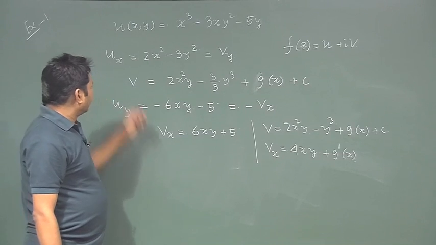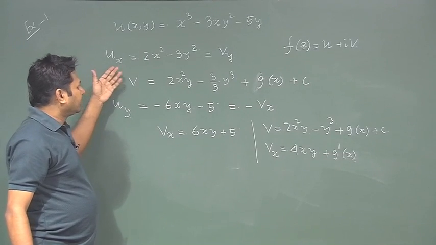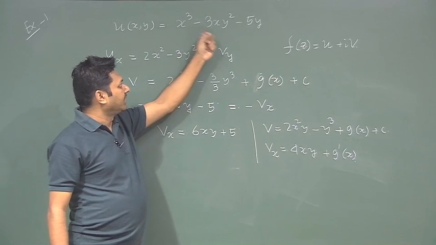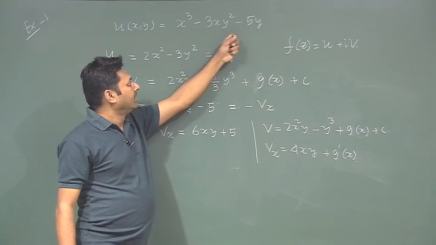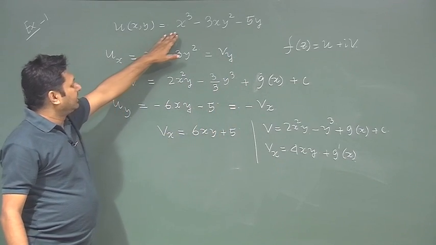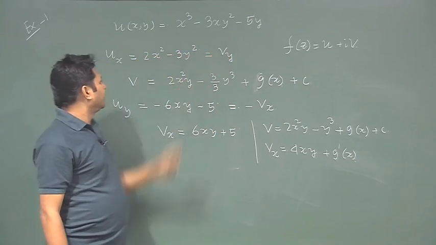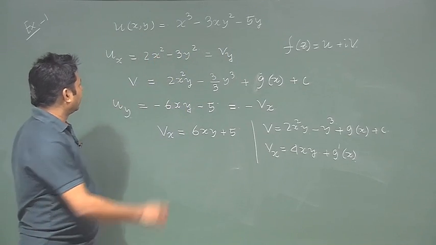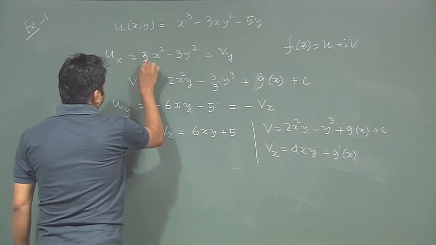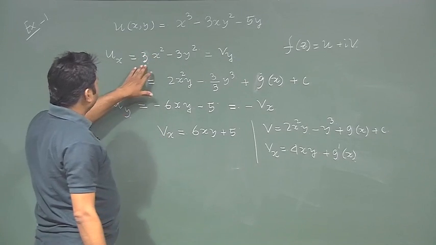So, let me go back once again and check whether everything is correct or not. My original function is given x cube minus 3xy square minus 5y. So, ux is the derivative of this quantity with respect to x. When I do that, here I am making one mistake, it should be 3x square.